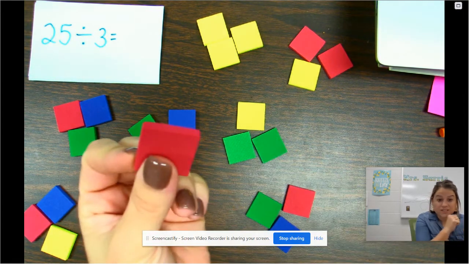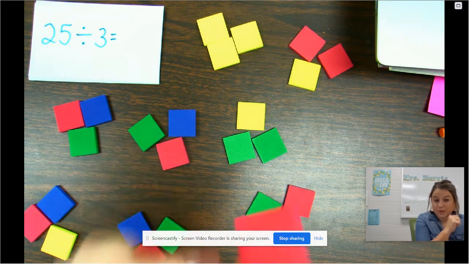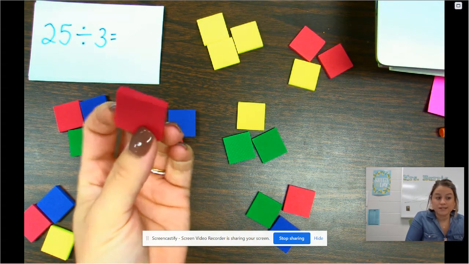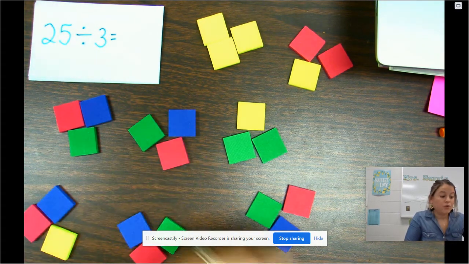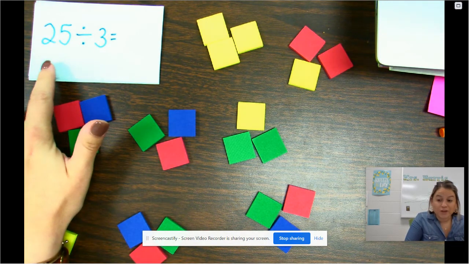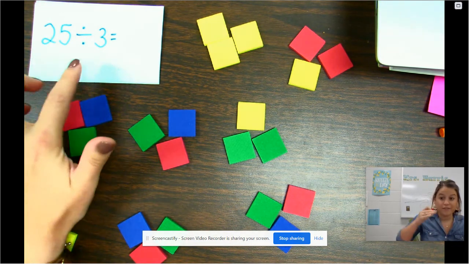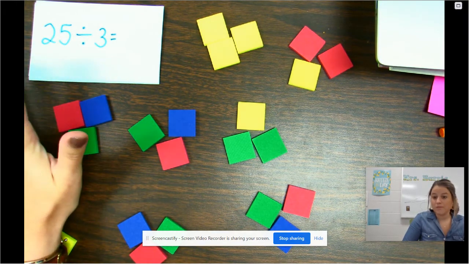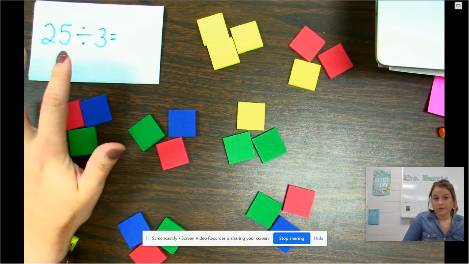This one tile that doesn't make another group of 3, that's my remainder. So that's just what a remainder is. I want to make sure you know what it looks like. If you already knew that 3 doesn't have a fact that goes up to 25, you know there's going to be a remainder. If it went in nice and perfect, then there wouldn't be a remainder.